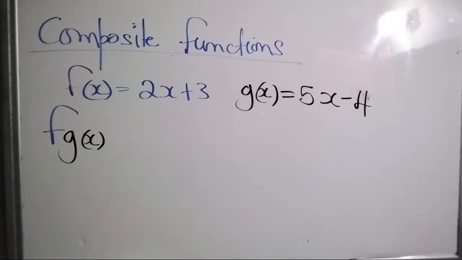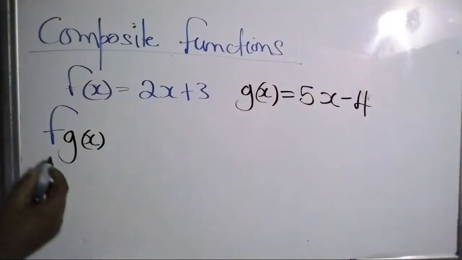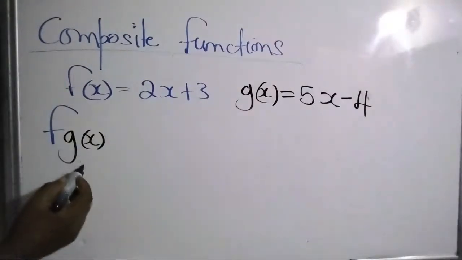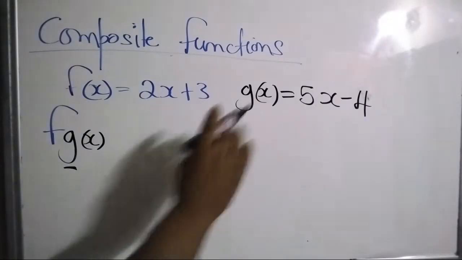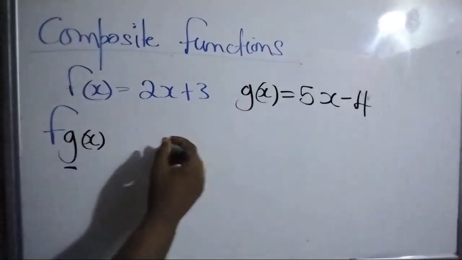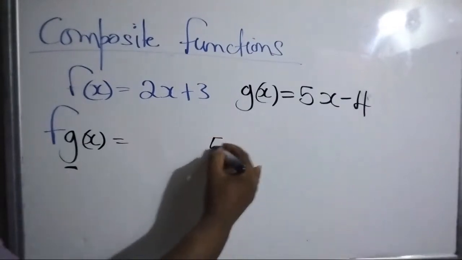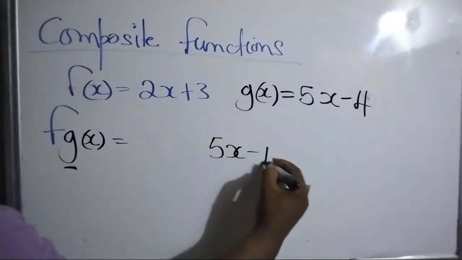Alright, so let's go. I go on the clock now. Begin. Alright, so this is how we do it. We combine 2 functions. Let us look at the last function. In this case, it's g. So we write back all of g. Whatever g says, we write it back. So g says 5x minus 4.